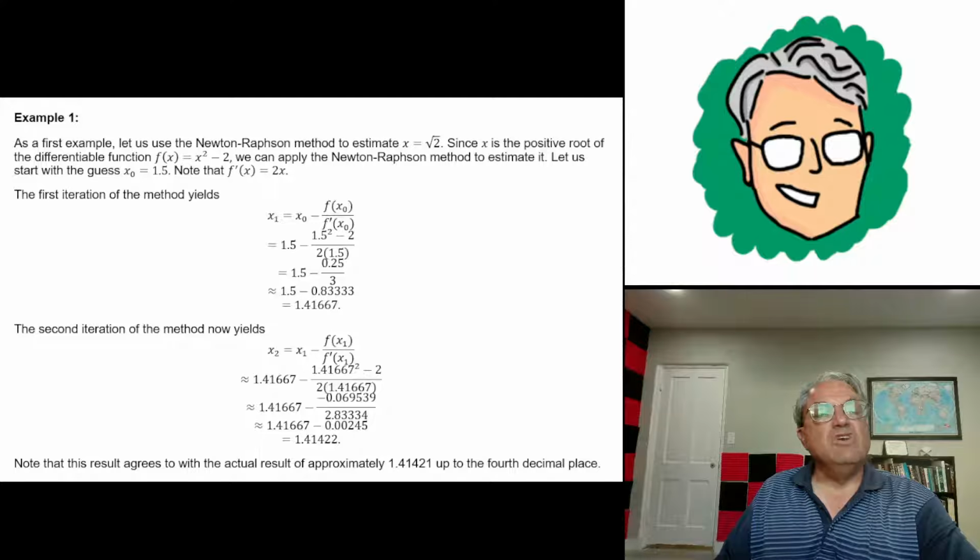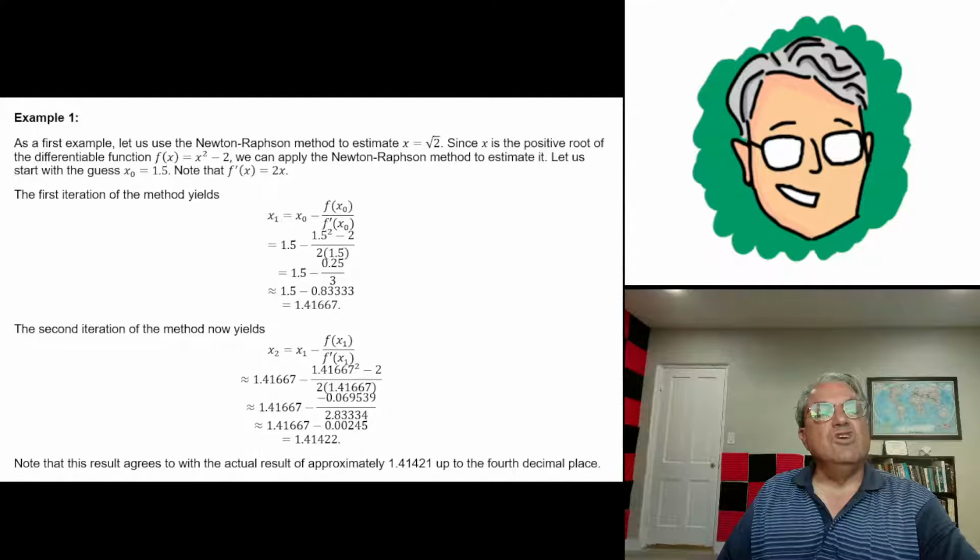x1 is x0 minus f of x0 over f prime of x0. x0 was 1.5. So f of 1.5, this is 1.5 squared minus 2. I'm writing it out in detail on the first step. And then the denominator is 2x0, which is 2 times 1.5. If you simplify things, the fraction turns out to be 0.25 over 3.